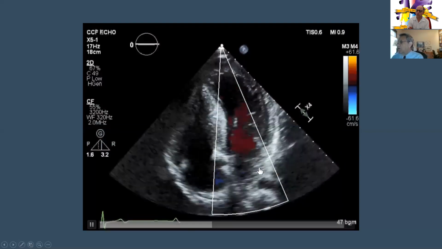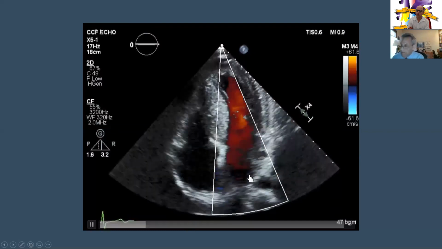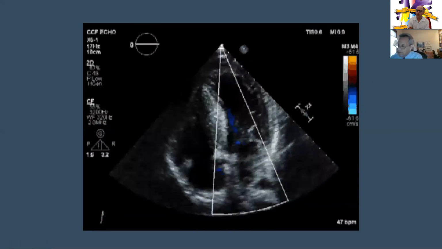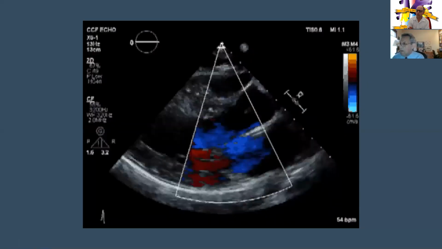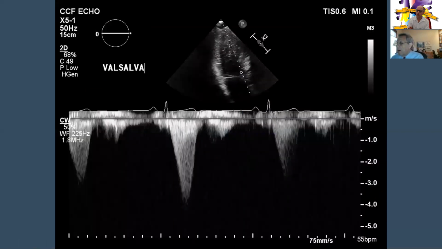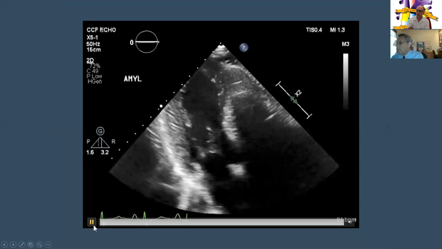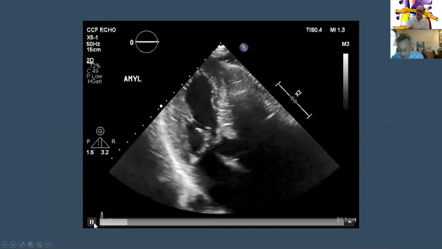Here, posterolateral mitral regurgitation. The patient then did a Valsalva maneuver and the gradient was about 64 millimeters of mercury. Here we see after giving amyl nitrite, the systolic anterior motion markedly increased.